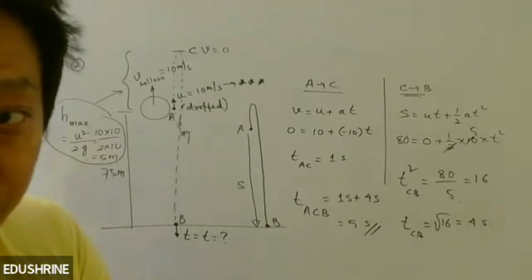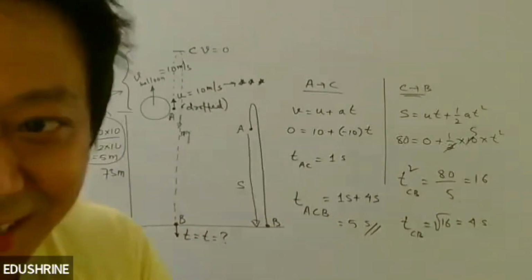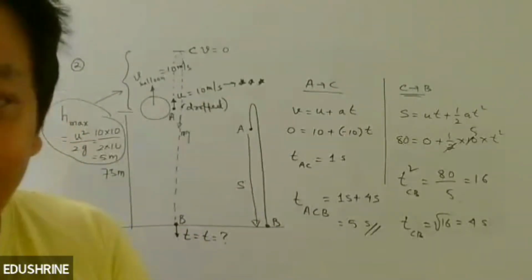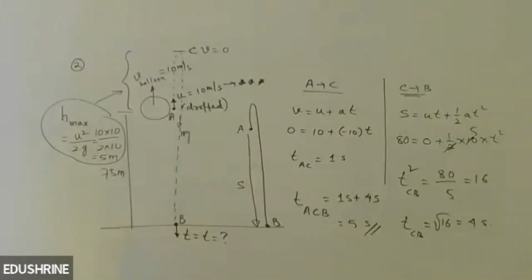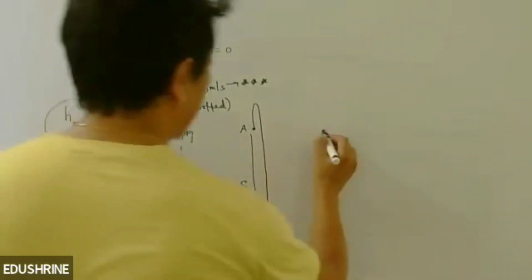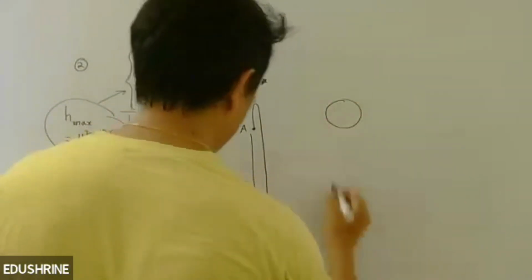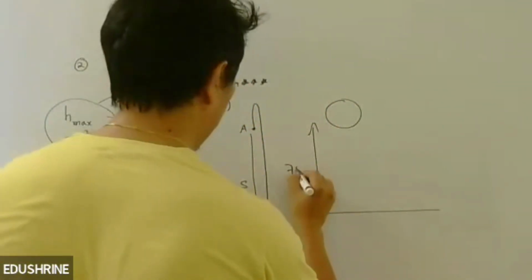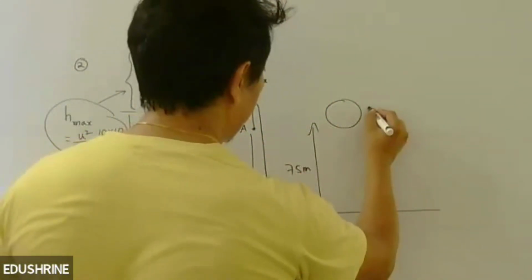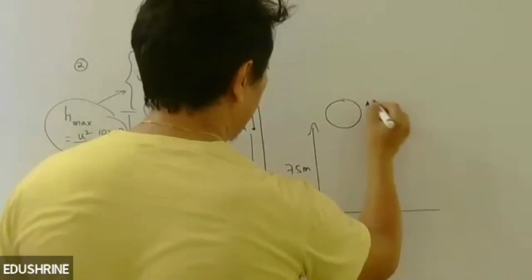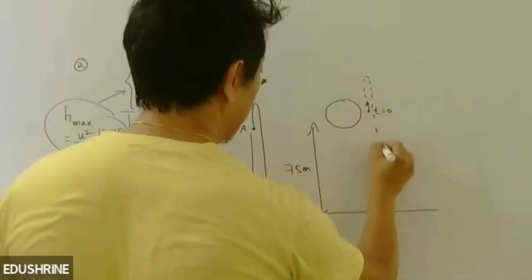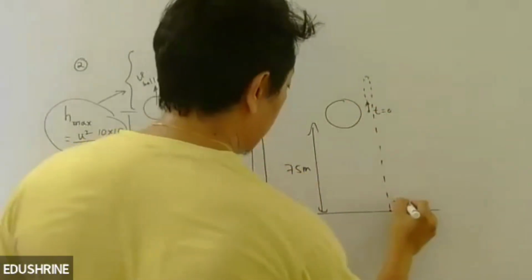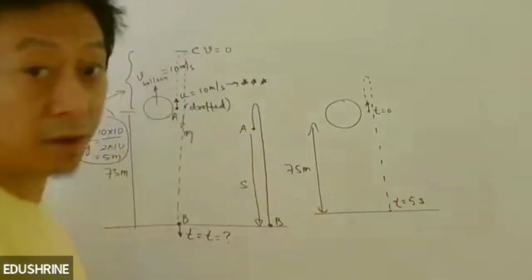Now during that time, 5 seconds, where is the balloon that they are asking? Now for the balloon, what will be the equation? Remember, the balloon was starting from here and the height of the balloon was 75 when the stone was dropped at t0. Then the stone went like this and reached here after 5 seconds.